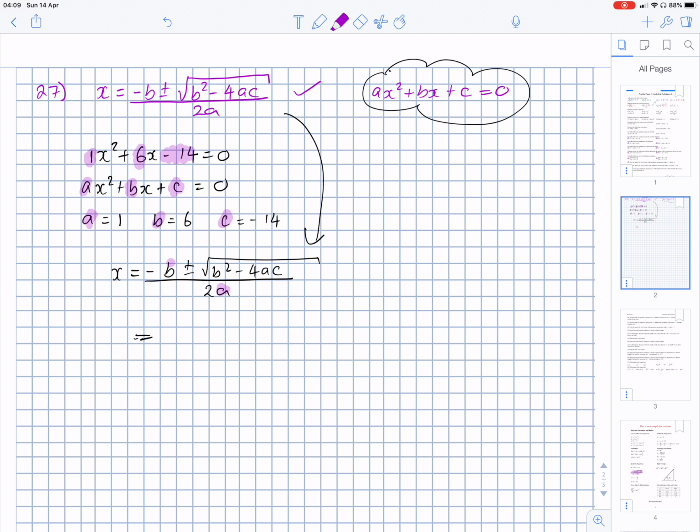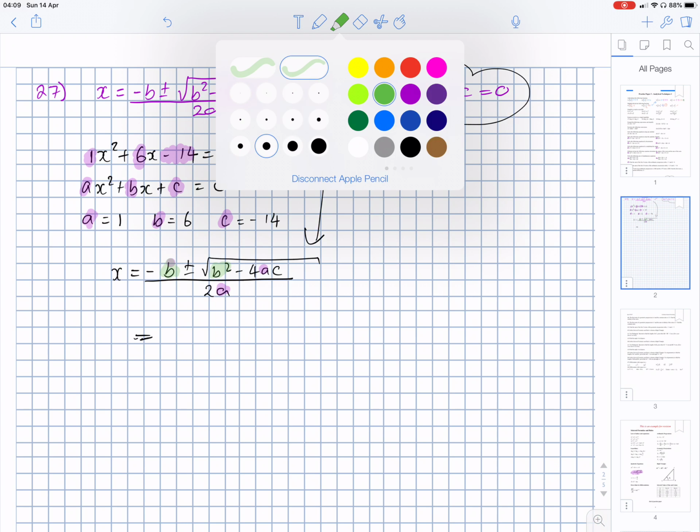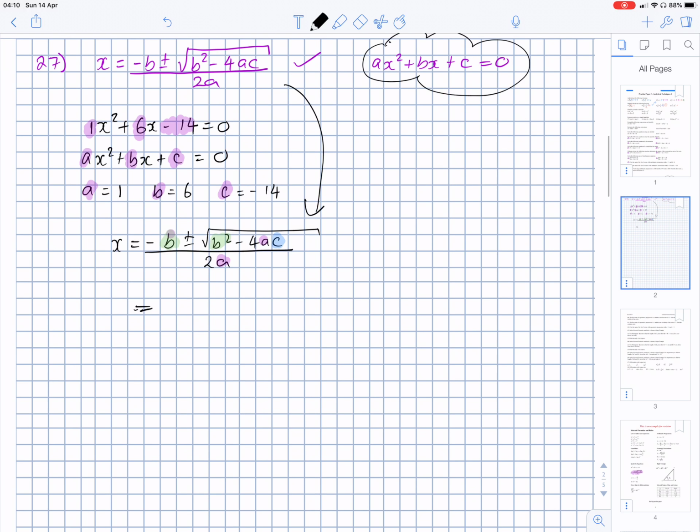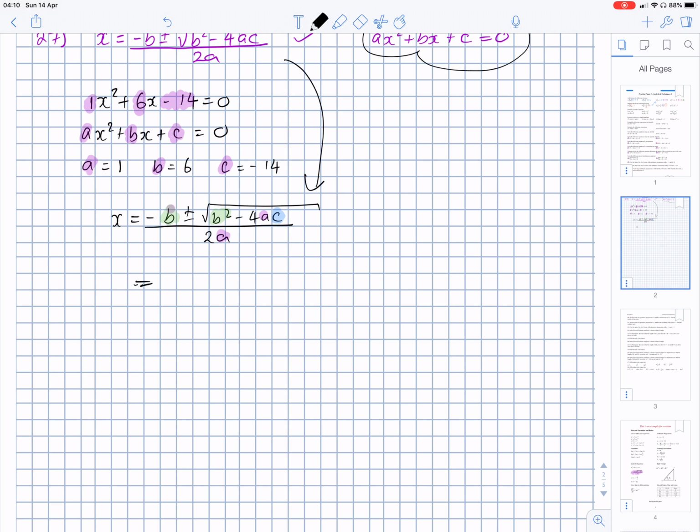So this becomes minus, but the b is 6, so that's minus 6, plus or minus square root of 6 squared minus 4 times a is 1 times c is minus 14.